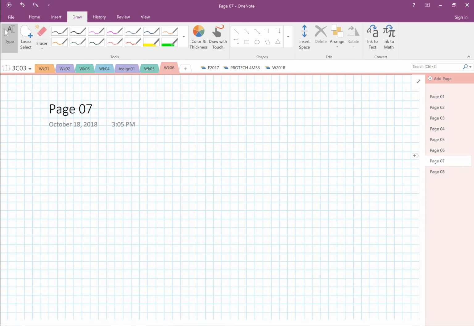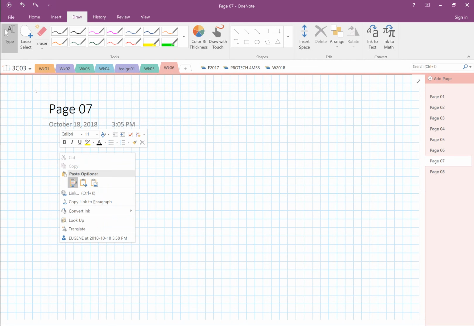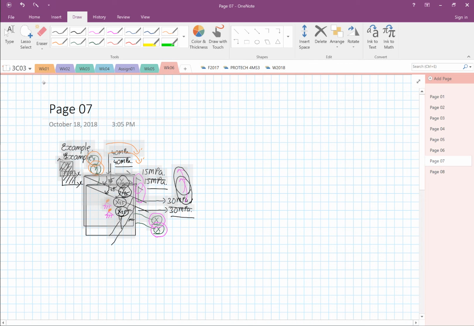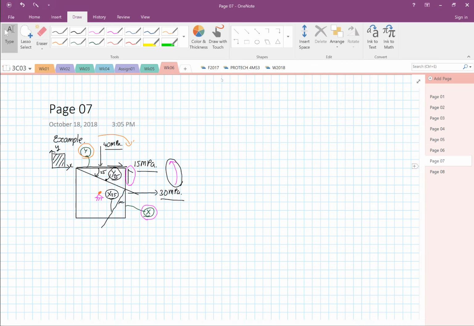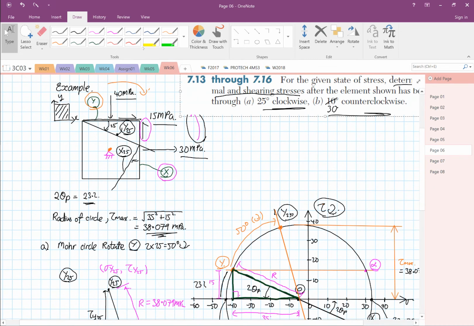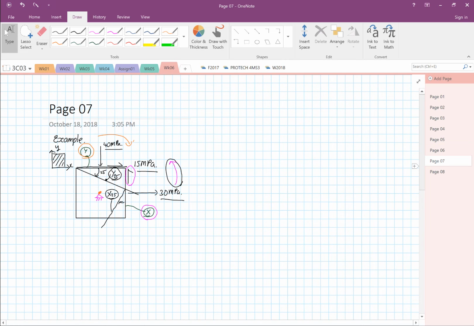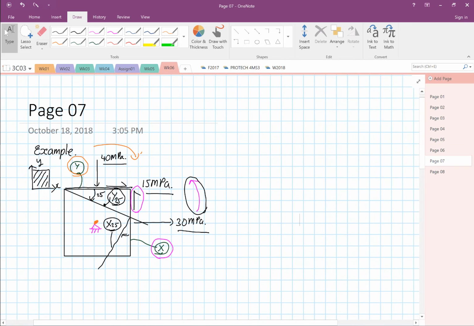We're going to go to the next slide. Same question, but we're going to do when it rotates 30 degrees counterclockwise.